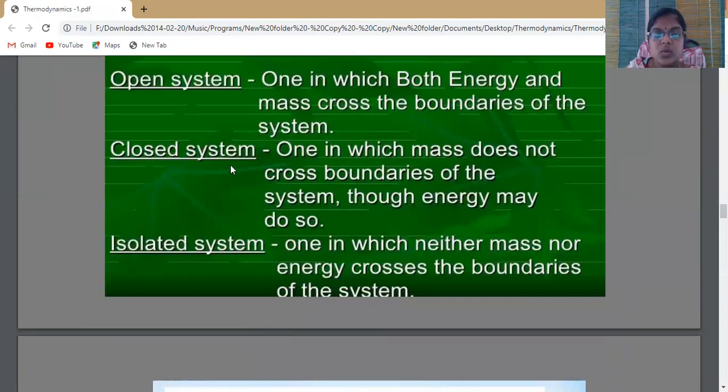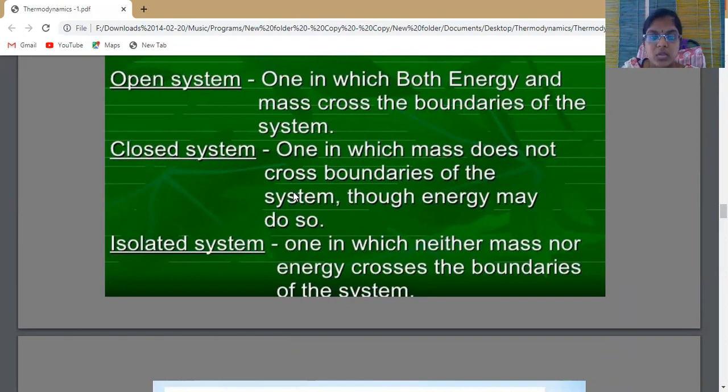Closed system. What is a closed system? One in which mass does not cross the boundaries of the system, though energy may do so. A closed system is, for example, a cup of hot coffee. Hot is nothing but heat, and heat is nothing but energy.